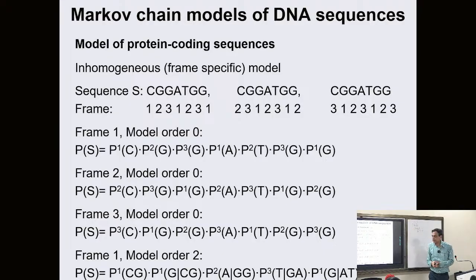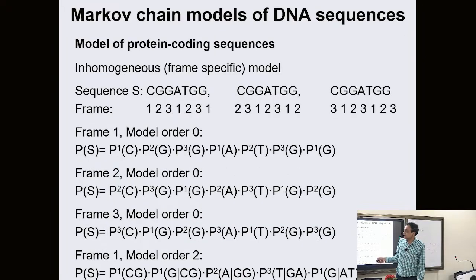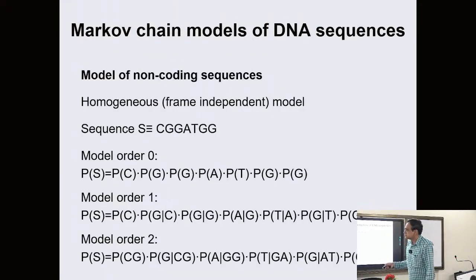You did it for the non-coding sequence, and now we are going to do the same for the protein coding sequence, assuming that this is protein coding. What is the probability of this sequence to be protein coding in frame 1 under Markov chain model of order 2? Same thing.